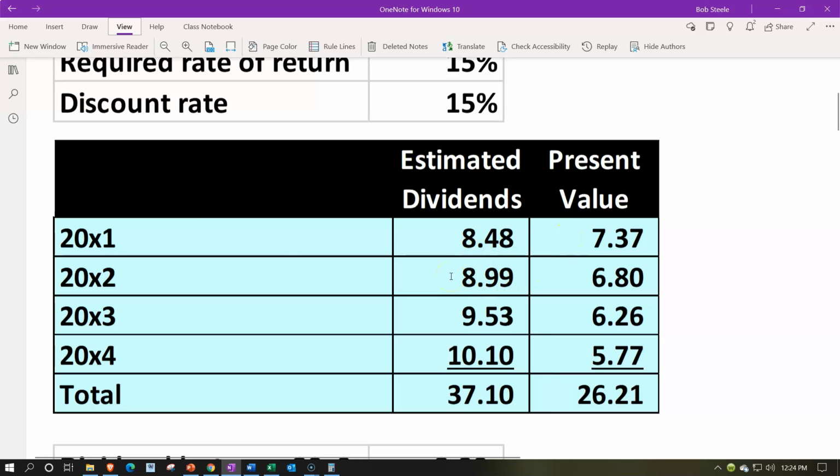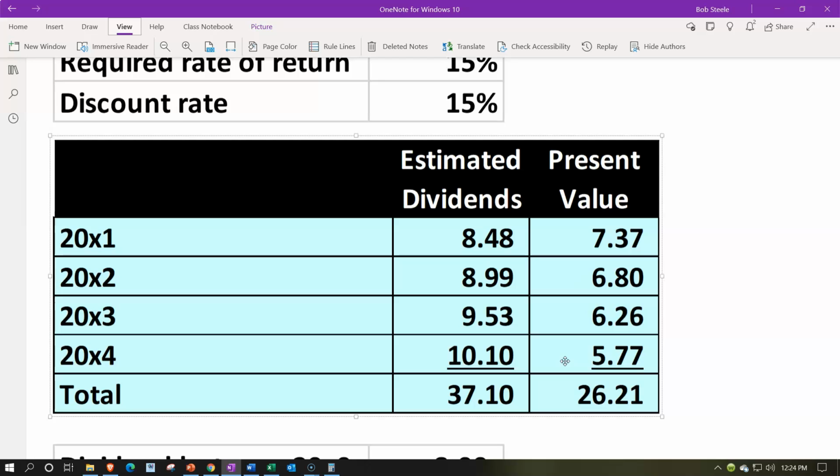If we then take the second year out, the 8.99, and present value it back, we get the 6.8. The third one at the 9.53 total amount, if we present value it back, we're at the 6.26, and then the fourth one, we're going to present value at the 5.77. Adding up the present values, then we're at the 26.21.